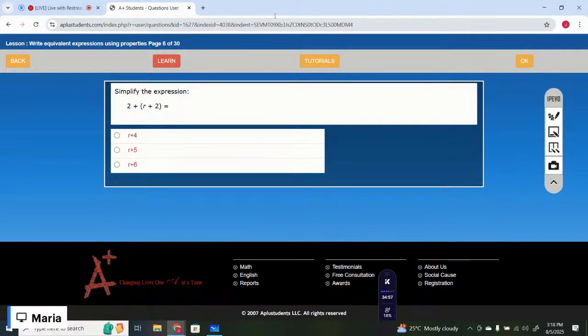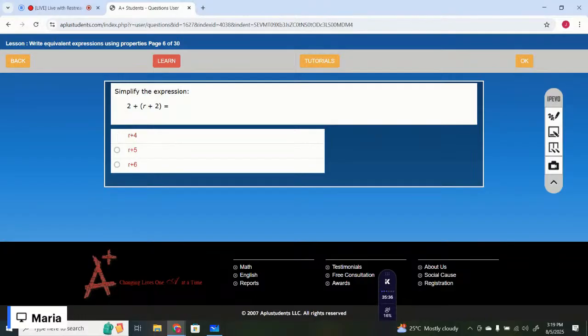Simplify the expression 2 plus r plus 2. That is r plus 4.